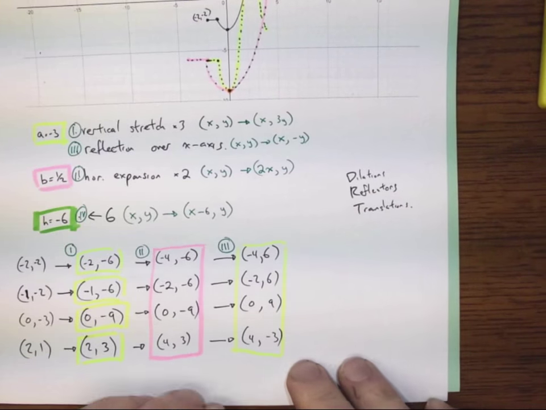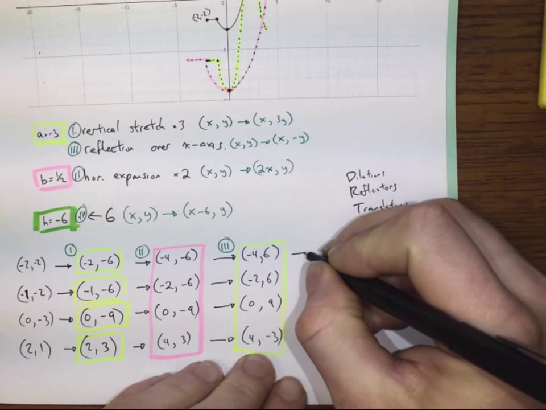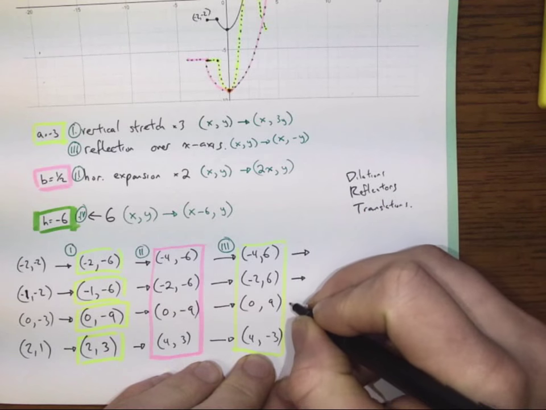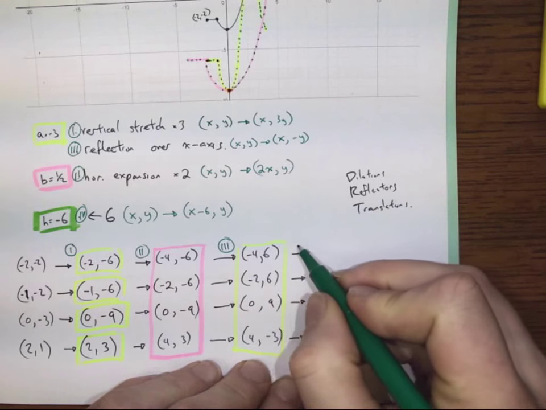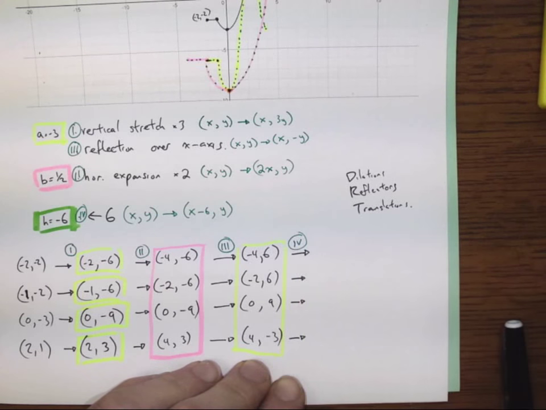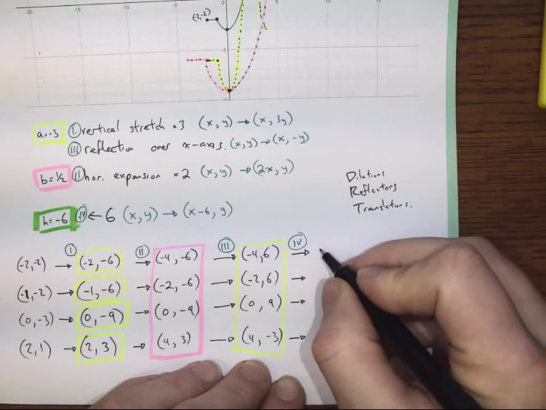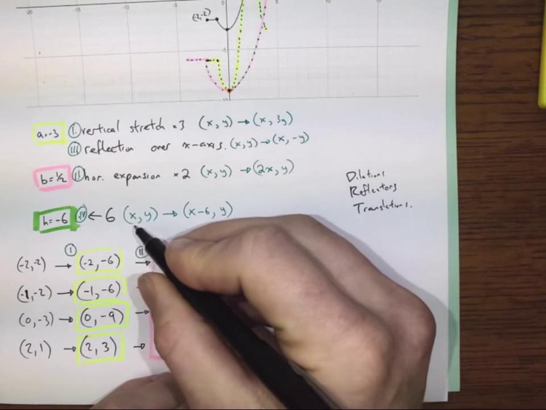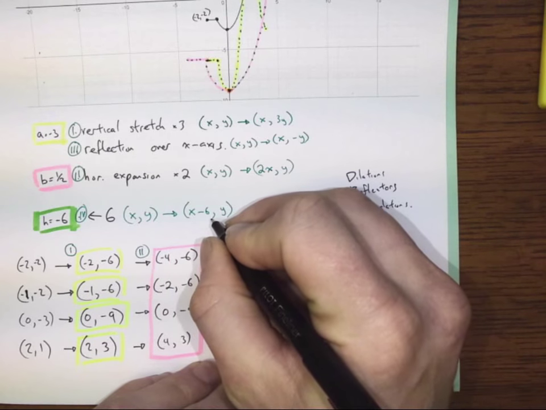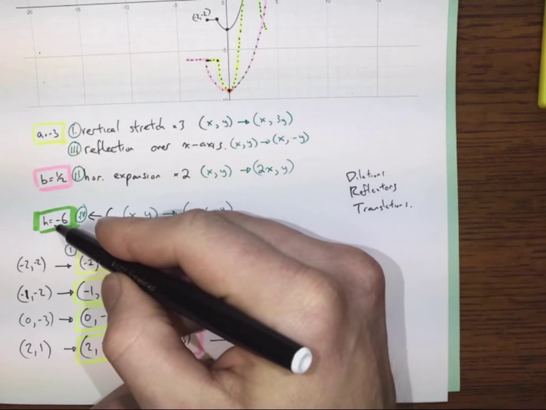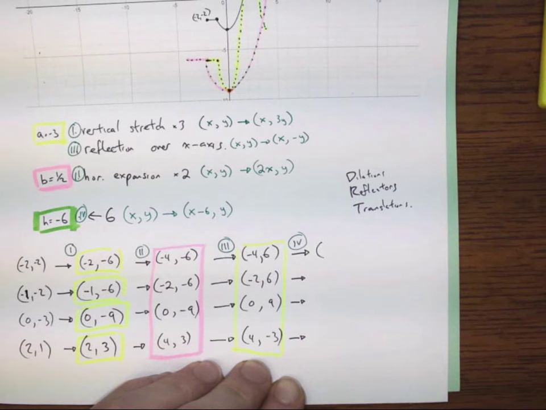Now, it may be overkill to think about each point so formally with such a trivial operation as a translation. However, we started down this road, we're going to finish down it, so we are going to take each of our x values and subtract 6 from them to represent this negative 6h here.